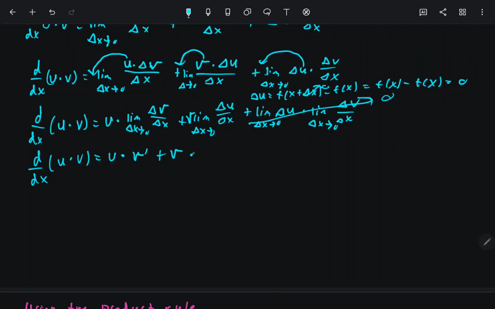So we get that the derivative of u times v is equal to u times v prime, or rather, the first times the derivative of the second plus the second times the derivative of the first.